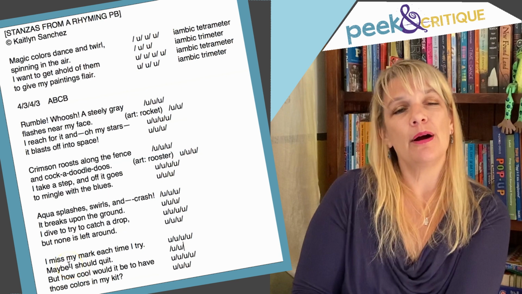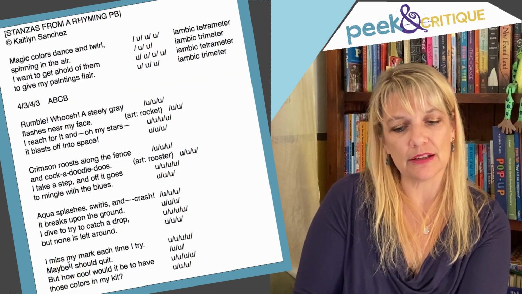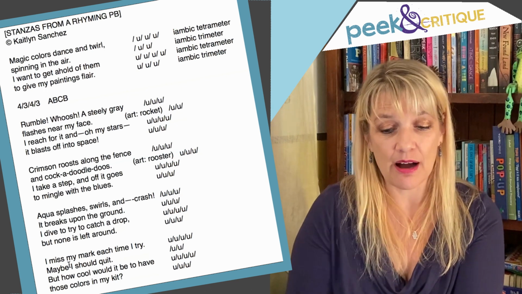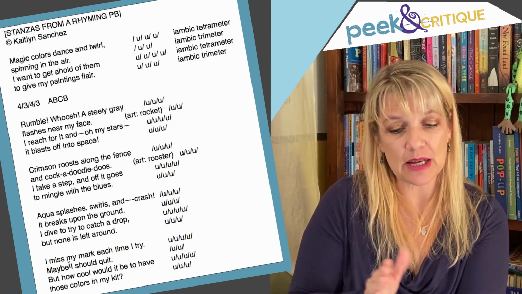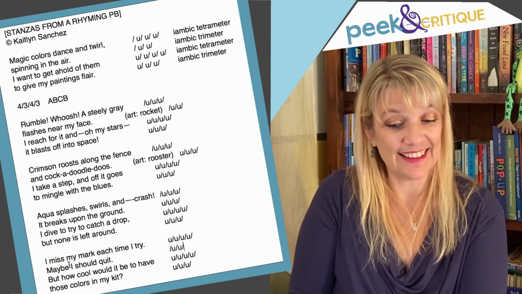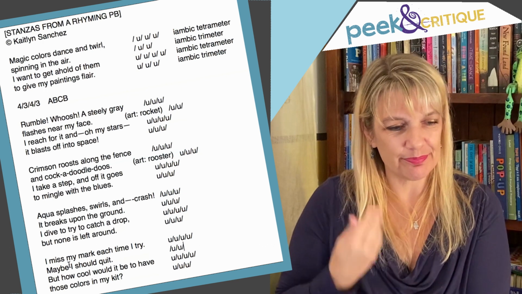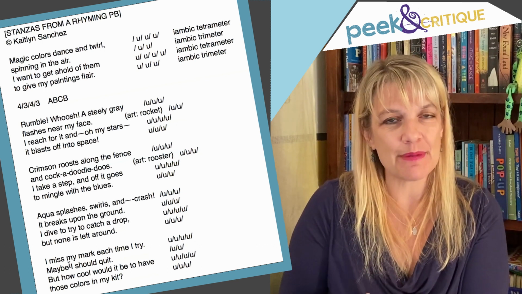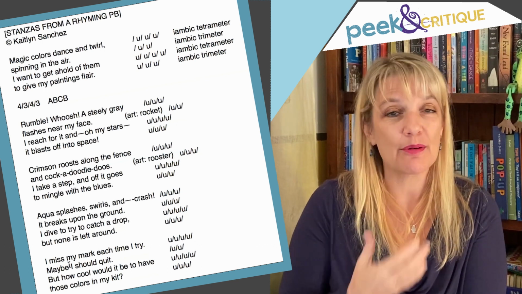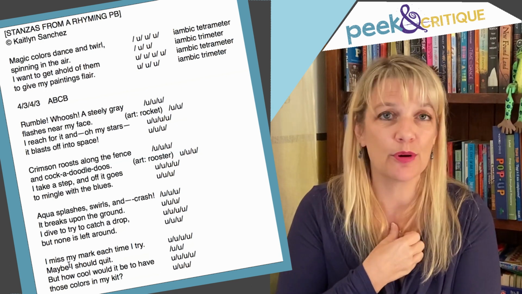I miss my mark each time I try. And I like that there's a period here and not a comma or a dash. I'm stopping here. Maybe I should quit. I like it. The pounding on that maybe just gives me more power there. Like there's some frustration going on there. Again, it's just a little bit more drama.